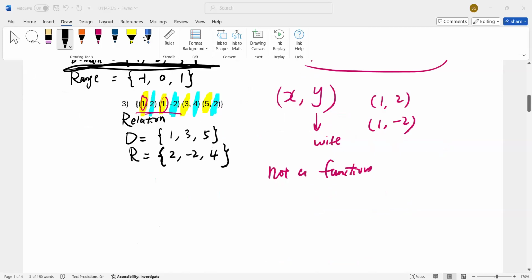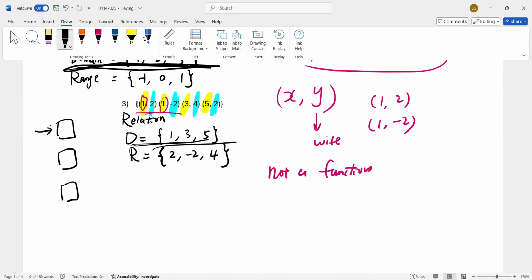Number 3, here we agree this is definitely a relation, but it's not a function because we identify a cheating husband, which is 1, right? So if we describe this relation as a machine, let's see what the machine does to those domain elements. D here is the domain, right? The domain has 1, 3, 5, 3 elements in it.